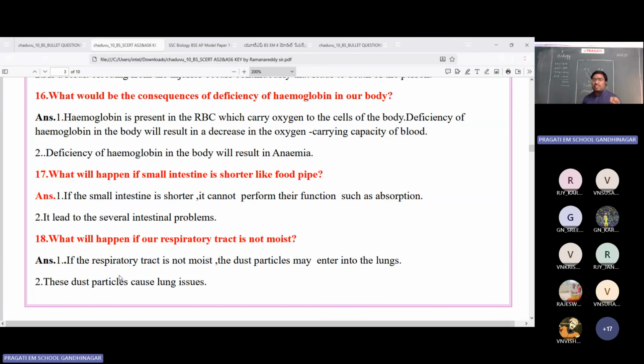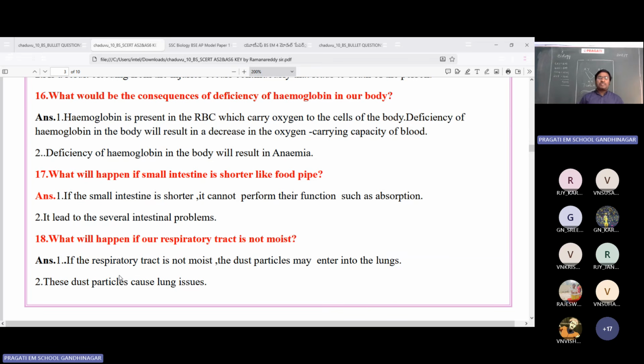If the small intestine is shorter, it cannot perform the function such as absorption, so that it leads to several intestinal problems. If the intestine is smaller, it cannot absorb the digested food materials. Okay, so it leads to intestinal problems.